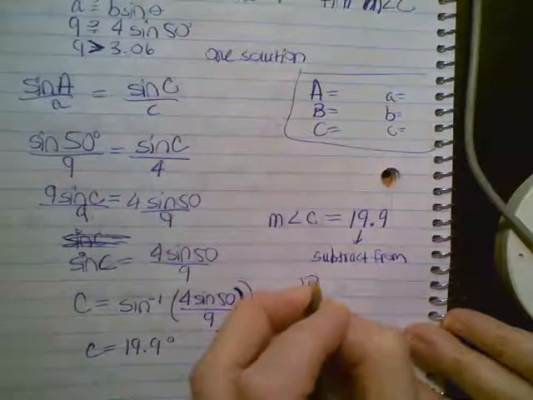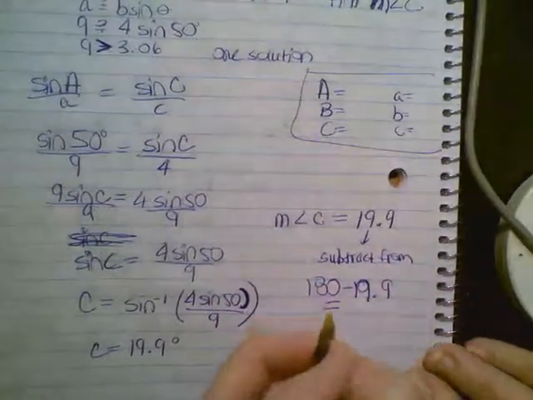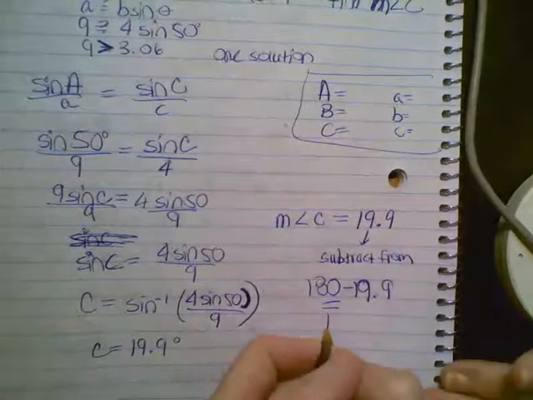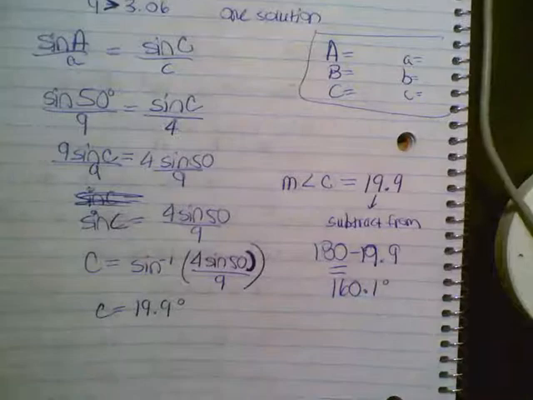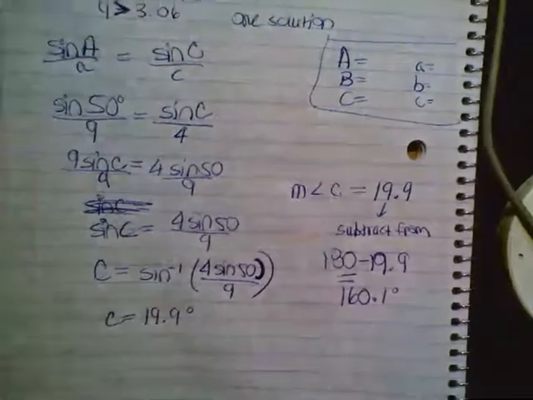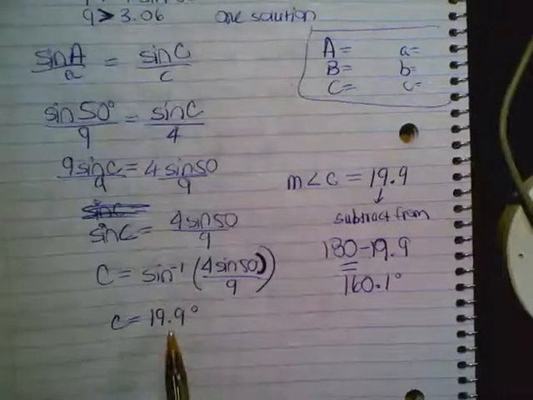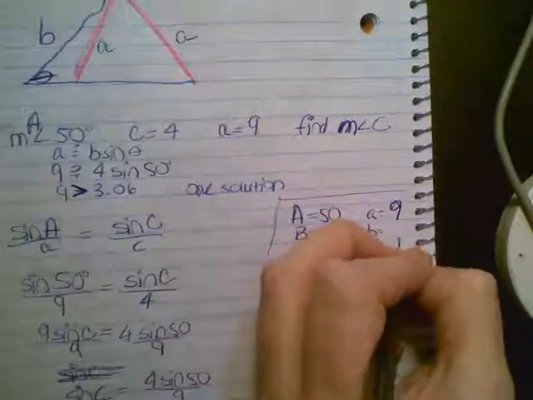So 180 minus 19.9 is 160.1 degrees. Now I'm going to go back to my original setup. So my answer was 19.9, but let's go back to here. A was 50, A was 9, C was 4.